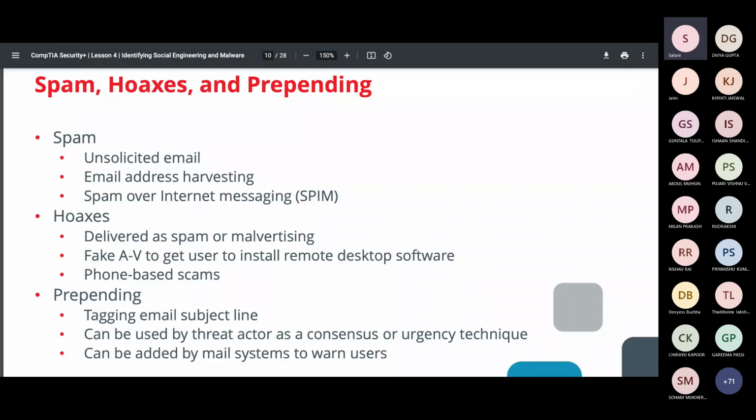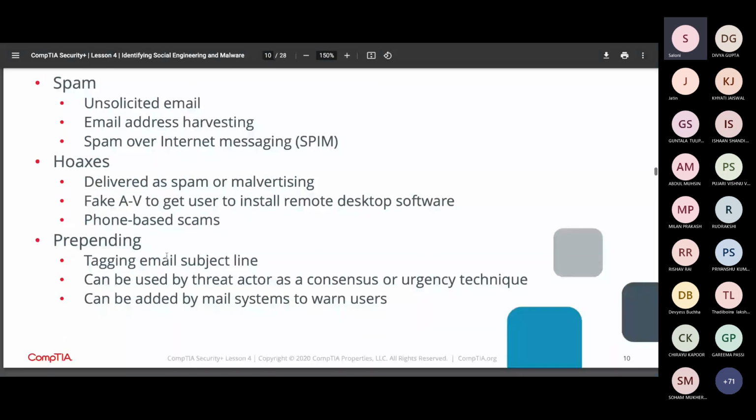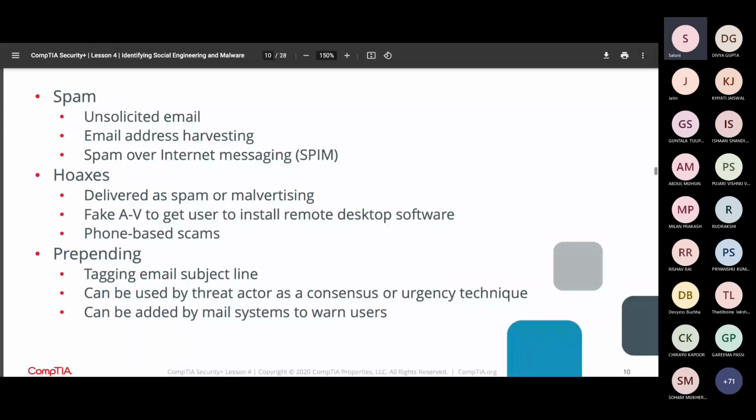So that is basically SPIM. So this is what is being covered in spam, unsolicited email, email address harvesting is happening, from which they are getting plenty of email addresses. Spam over internet messaging, SPIM.